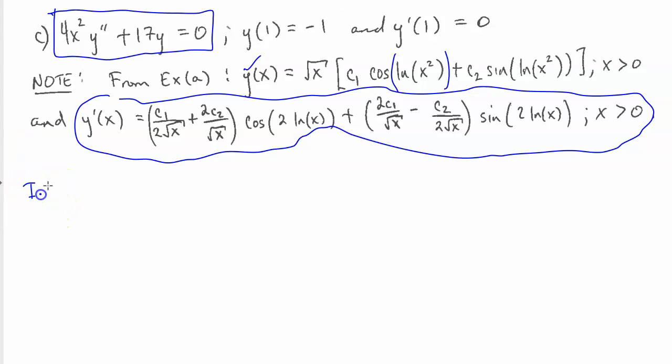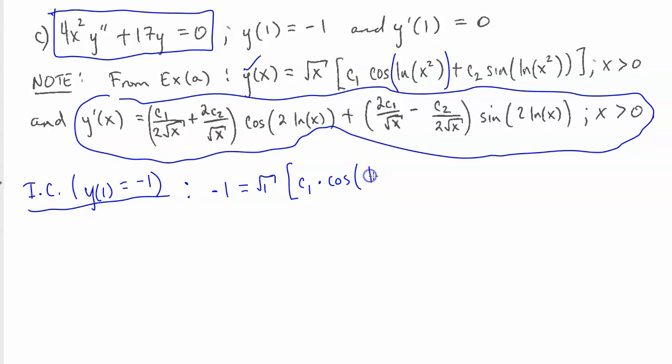So for our first initial condition, which is y of 1 equals negative 1, if we plug in 1 everywhere we have x, then negative 1 is equal to square root of 1 times c1 cosine of natural log of 1 squared plus c2 sine of natural log of 1 squared.